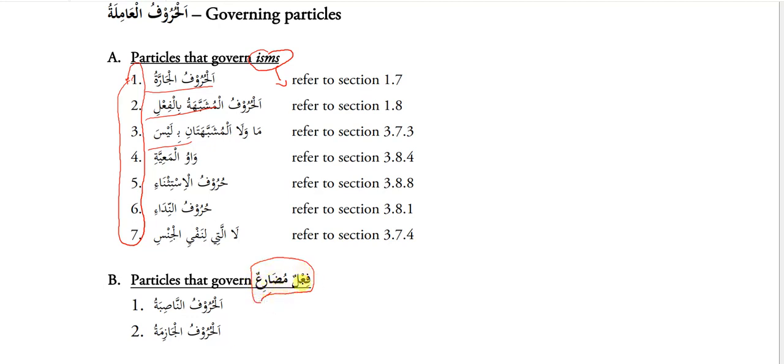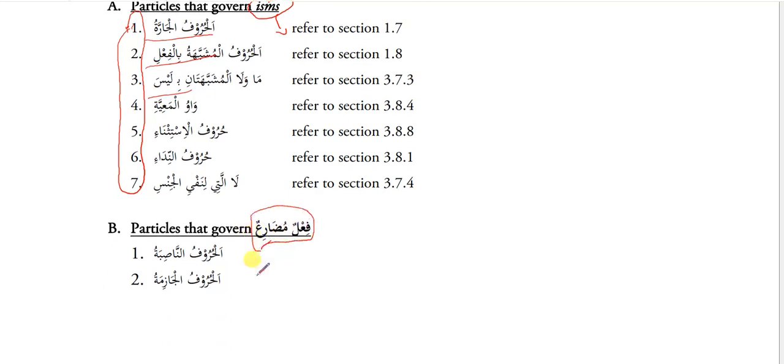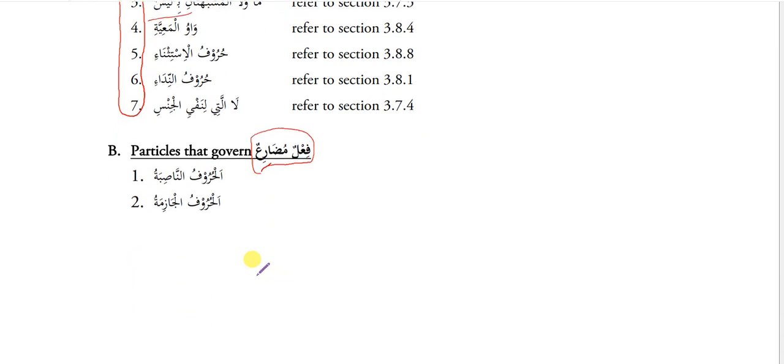fail muzare. So now what we are going to learn is about fail muzare and the effect of different types of huruf on fail muzare. You may not be able to understand this clearly if you haven't learned the rules of fail muzare and the other huruf which we use before fail muzare.